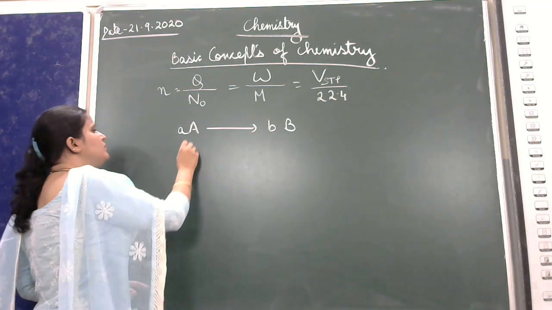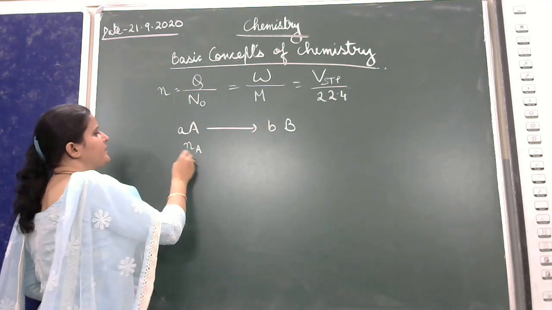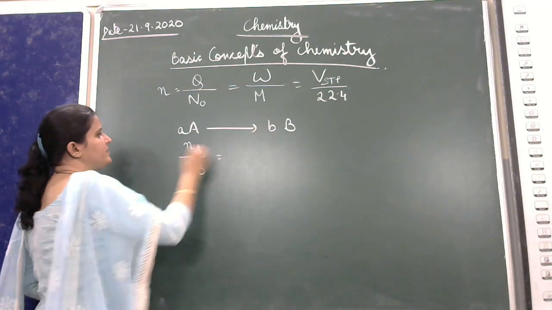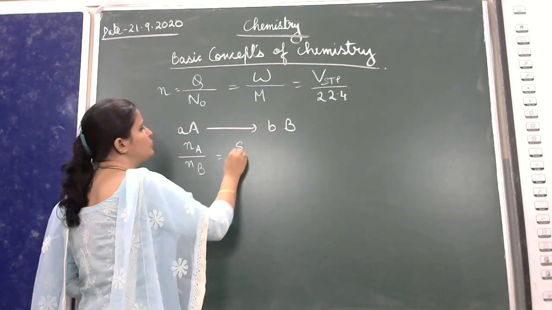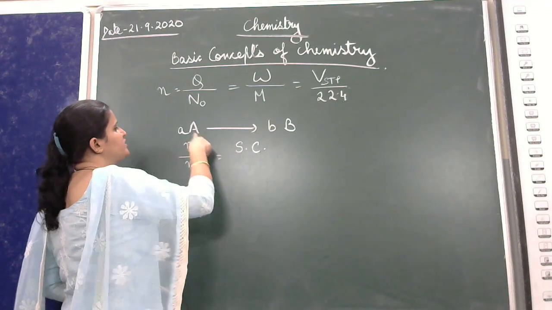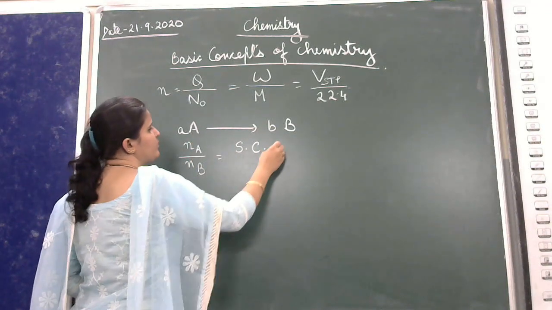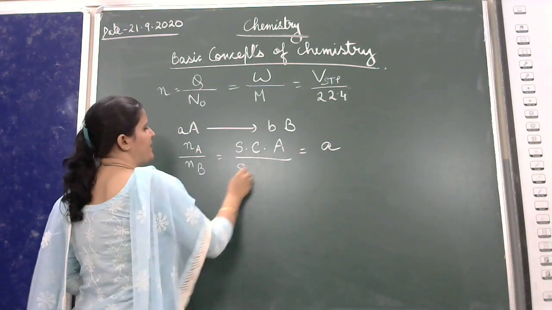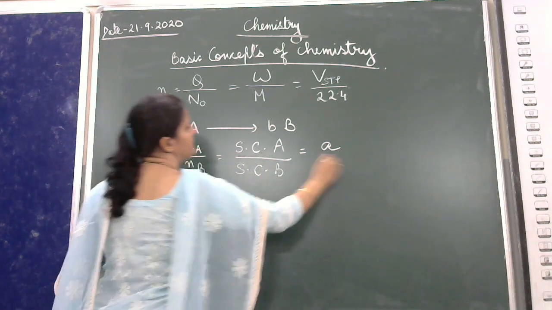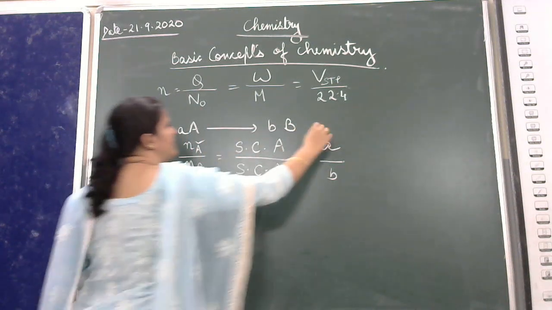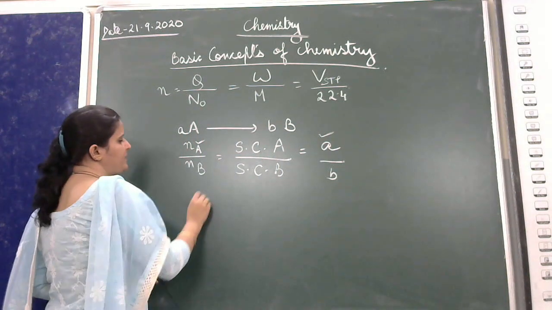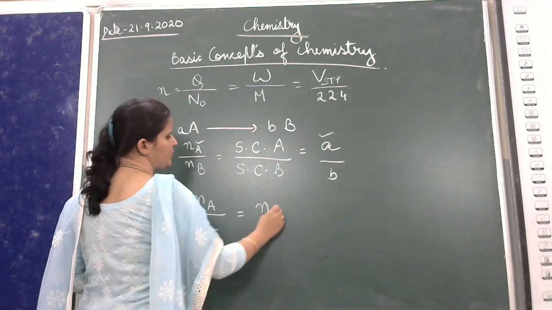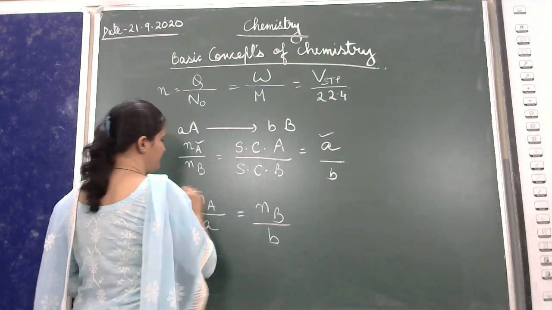That moles of A divided by moles of B will become equal to the stoichiometric coefficient of A divided by the stoichiometric coefficient of B, that is b. So using these two, I can write that Na by a is equal to Nb by b.